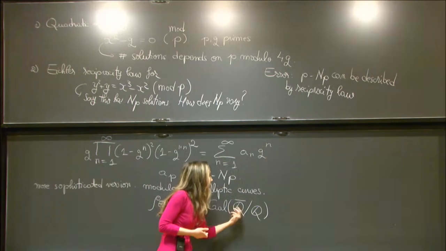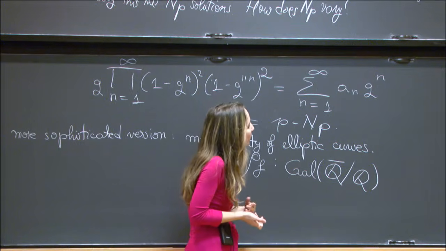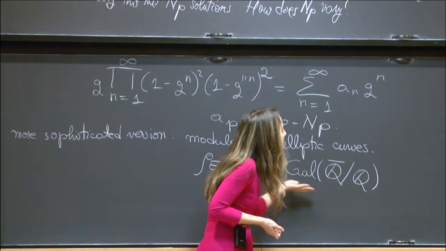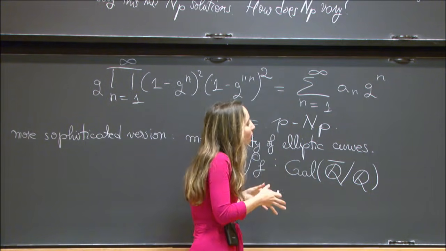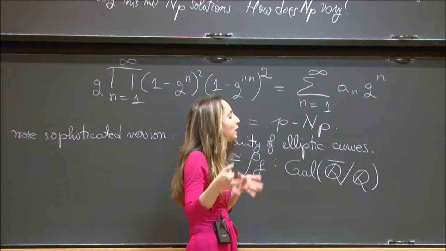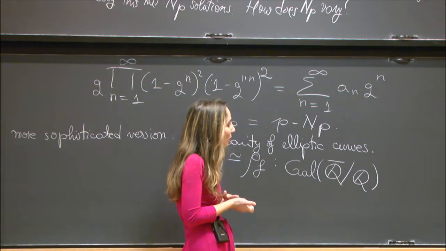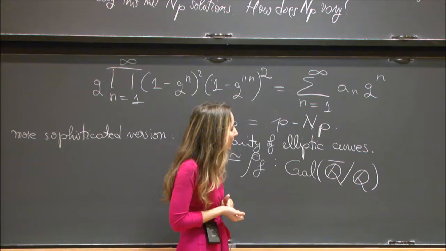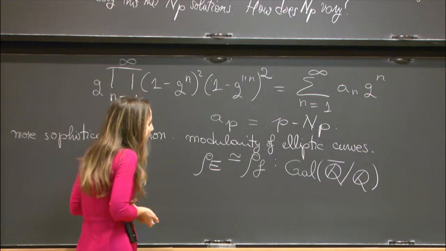And if you look at all the symmetries of all algebraic numbers, then you get this kind of Galois group. And concretely, this is an inverse limit of the Galois groups of all the finite extensions of Q. And so this is a very big profinite group. It has a complicated structure. Topologically, it's something like a Cantor set.